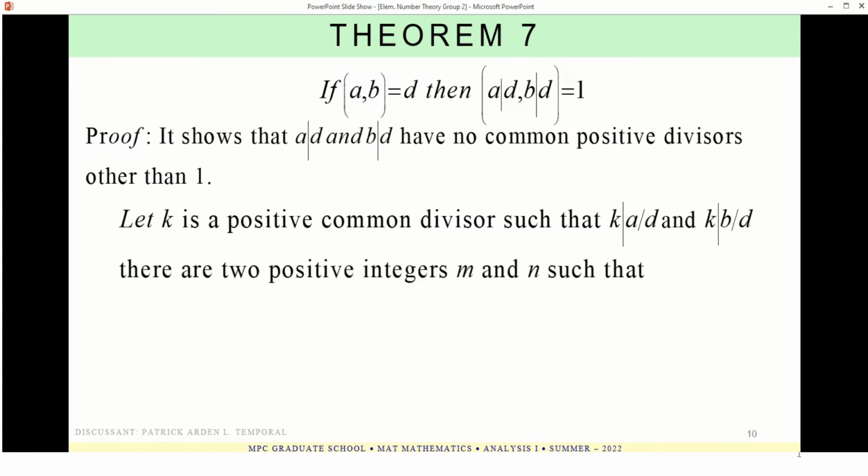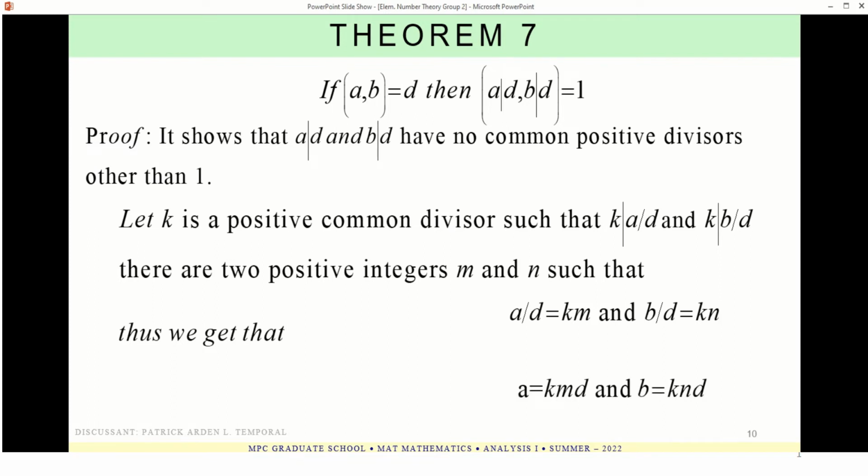There are two positive integers m and n such that a/d is equal to k times m and b/d is equal to k times n. We get that a is equal to k times m times d and b is equal to k times n times d.